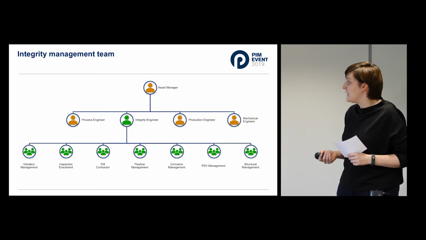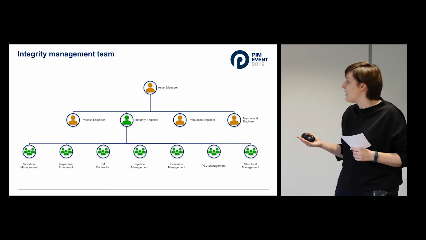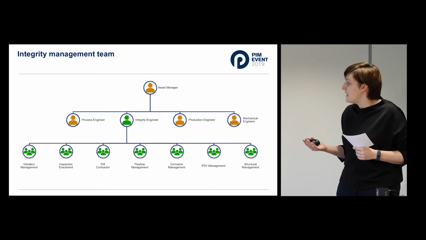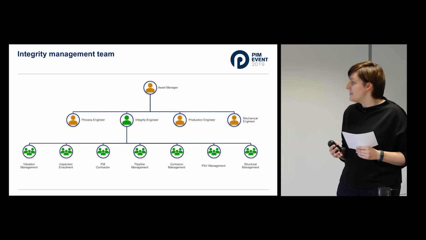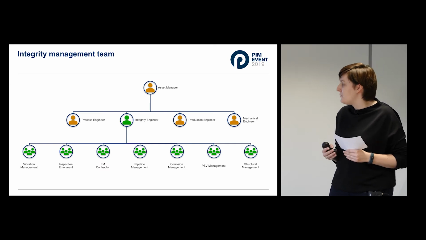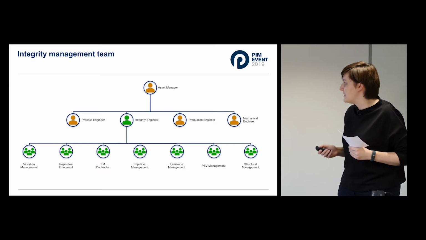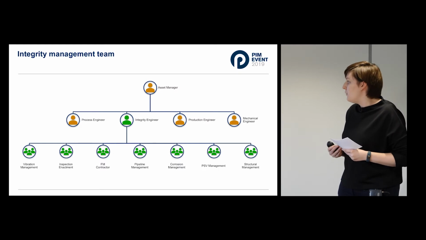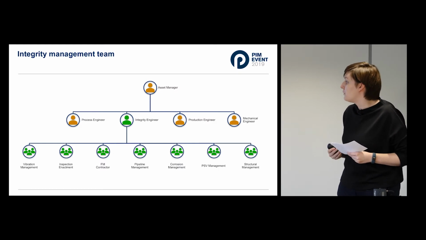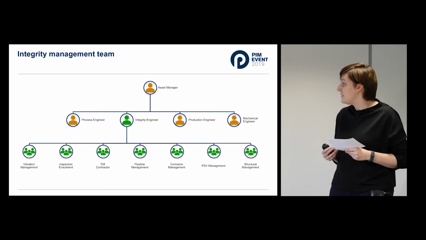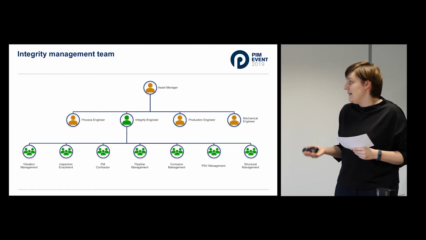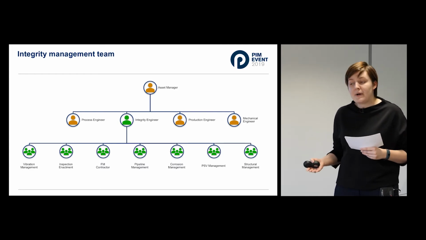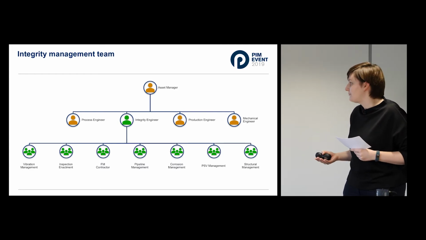Even this simplified organogram can very easily demonstrate how many different disciplines are involved within integrity management. Everyday work for people in those positions is slightly different, and therefore the education and experience background is also different.